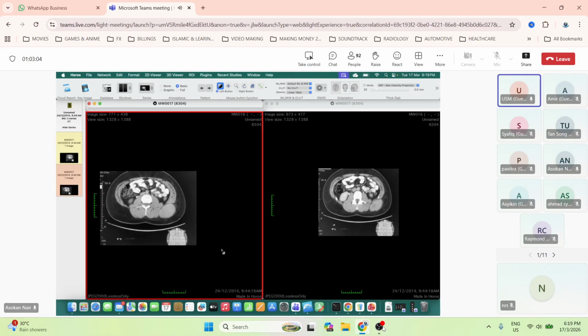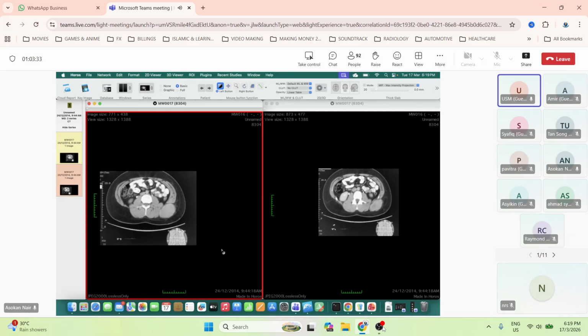I would like to review the rest of the images to see the extension of the mass. Okay. So what are the possible types of sarcomas you know there? Liposarcoma. However, in this image, I cannot see fat density within the mass. Okay.